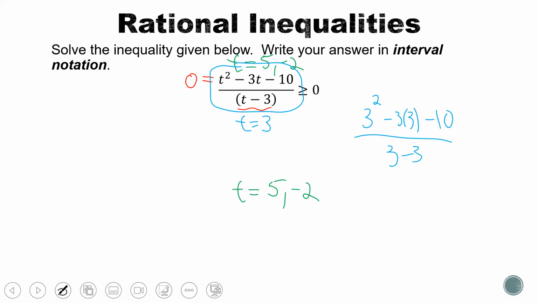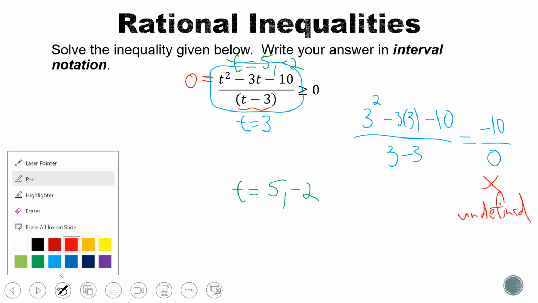If we work out the numerator there, I think we end up with 9 minus 9 is negative 10. But in the denominator, the 3 minus 3 gives us 0. We're doing negative 10 divided by 0, which we know is no bueno, right? That equals undefined. So we don't actually get an output value there, and again, we know that the function is undefined there.